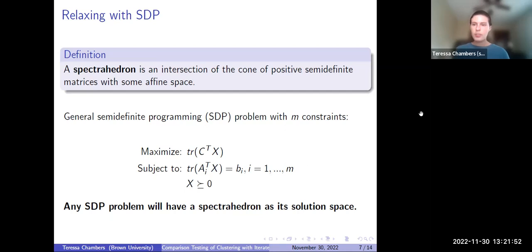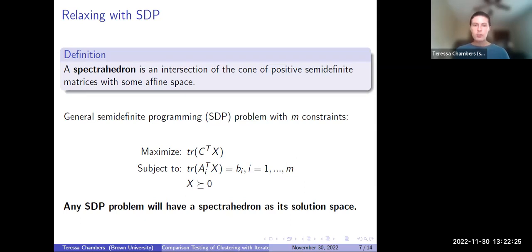And the reason I need you to know that term is because we're going to be using a process called semi-definite programming. In general, this looks like an optimization problem with some cost matrix C, variable matrix X, and constraint matrices A, where our variable matrix has to be positive semi-definite.